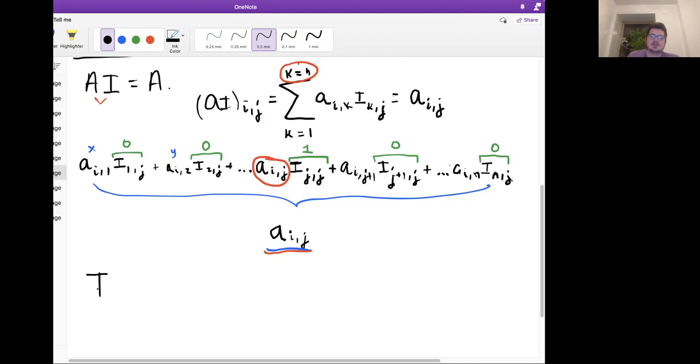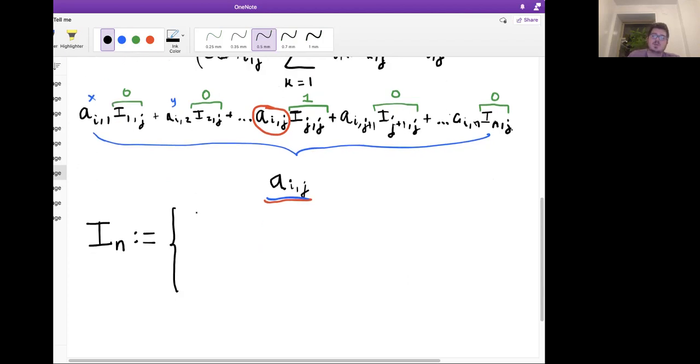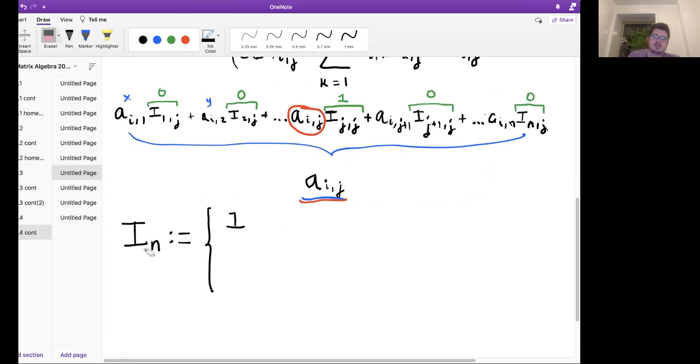So the identity matrix of dimension n is defined as, so we're going to define it based on its coordinates. So it's going to be 1, or let's write it like this maybe. Ij. So the entries in the identity matrix are going to be 1 or 0. What's the relationship between i and j for it to equal 1?